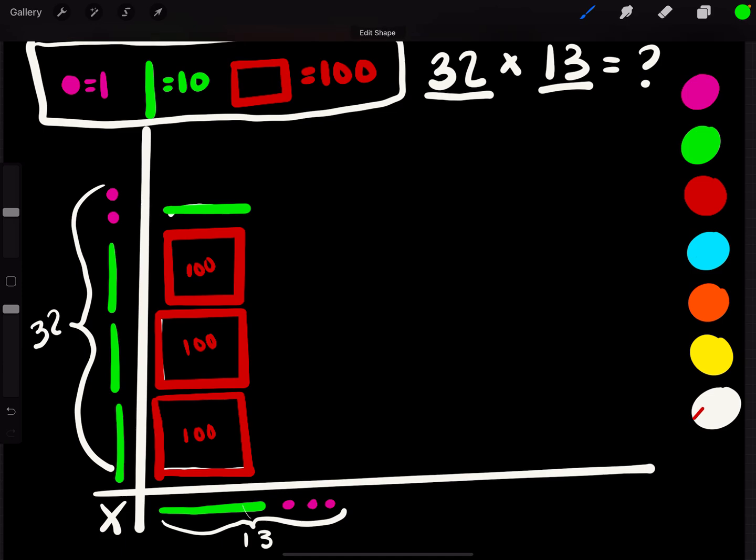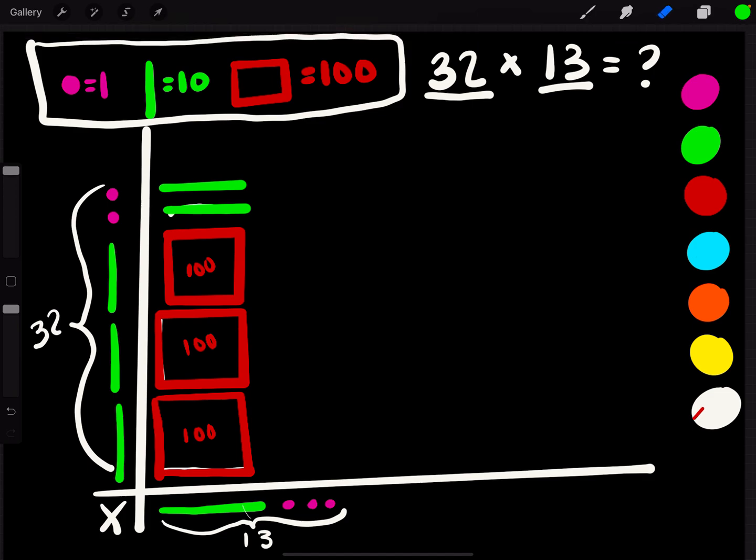So the last 2 from 32, we know it's 1 high and 10 wide. Now if we move over on the bottom, we know that we have the 1, but it's 10 long, so 1 by 10.